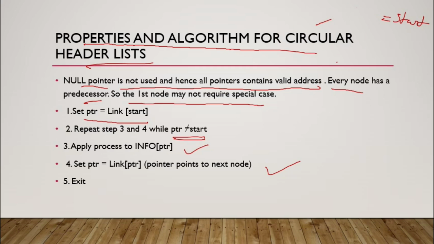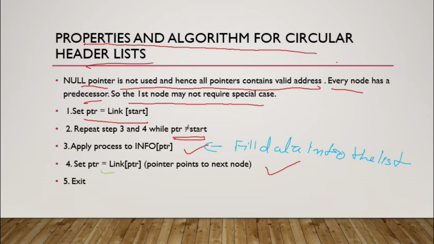Let us continue. You need to repeat steps 3 and 4. What is step 3? Apply process to info of pointer. So you need to put information here, that is, fill data into the list.